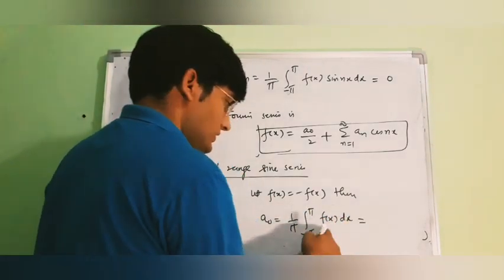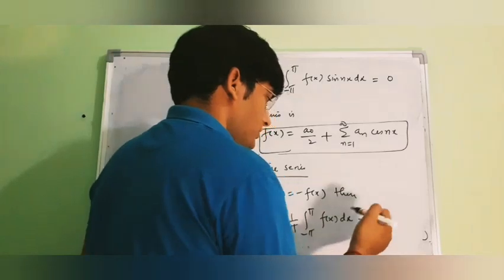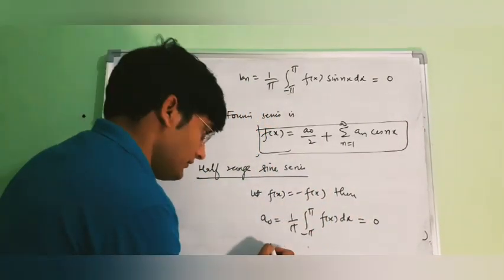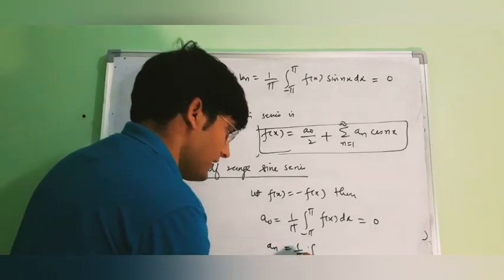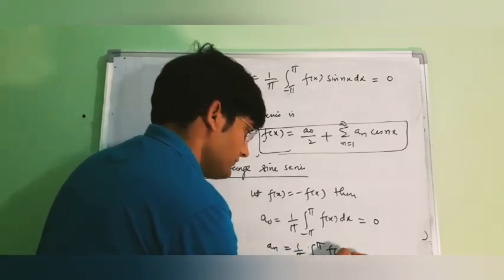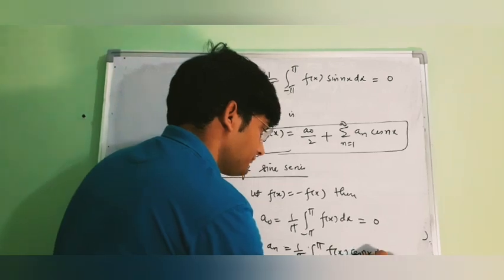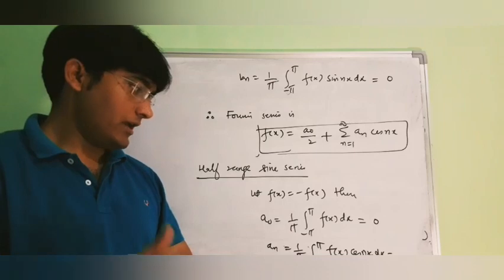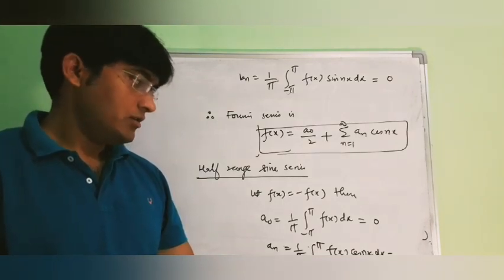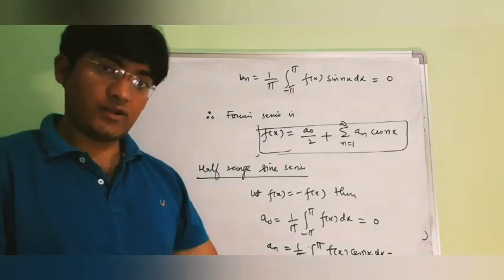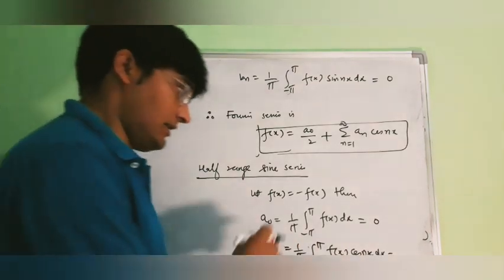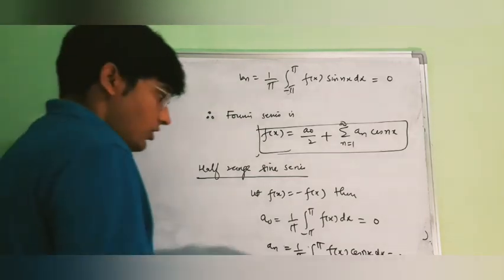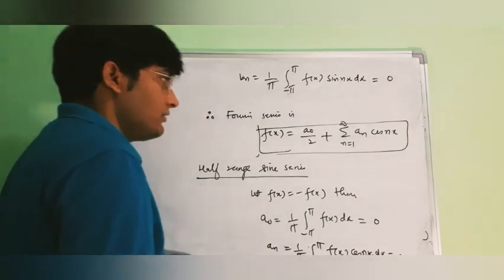Now as the function is odd, the property of the definite integral will give you 0, and an will be 1 by pi integral from minus pi to pi f(x) cos nx dx. Now again here you can see that the function is odd and cos nx is even, so their product will be odd, and hence this value will be 0. So if the function is odd, then our a0 and an both are equal to 0.